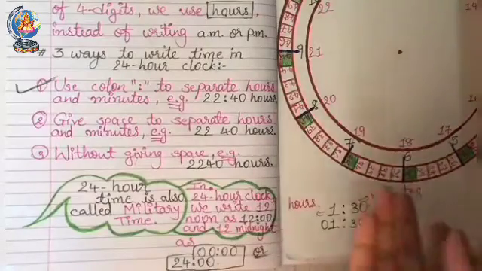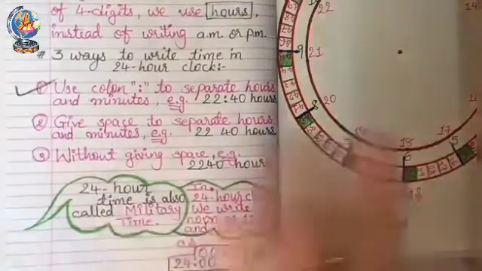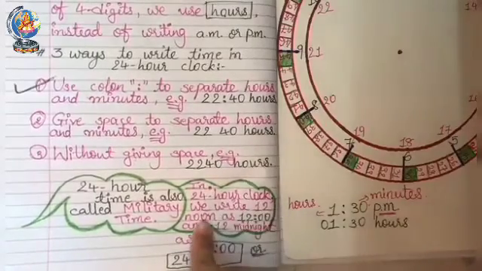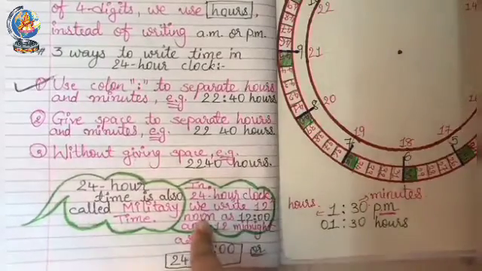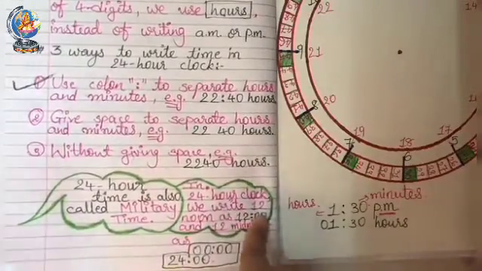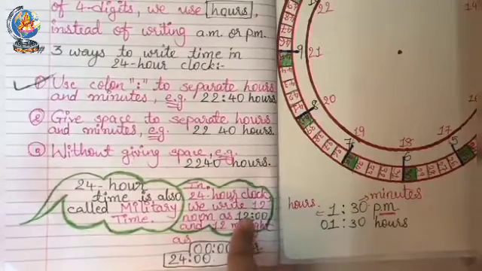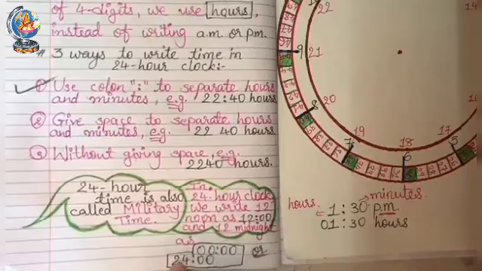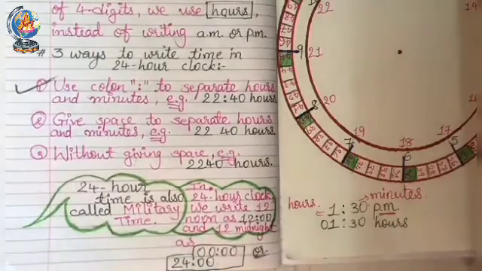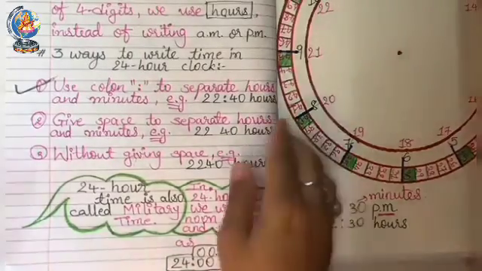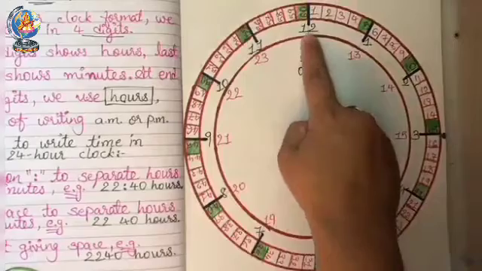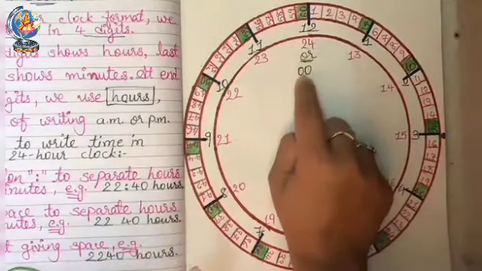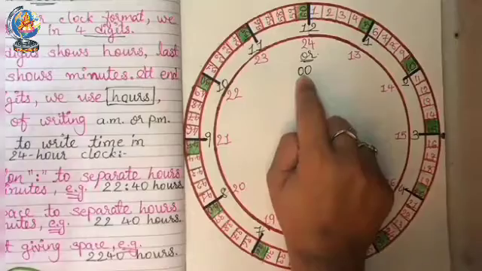In the 24-hour clock, we write 12 noon, which means our lunch time, as 12. And 12 midnight is 0 or 24. Look, here in the clock, 12 noon means your lunch time, and 24 or 0 means your midnight. Okay? Clear these things, everyone?